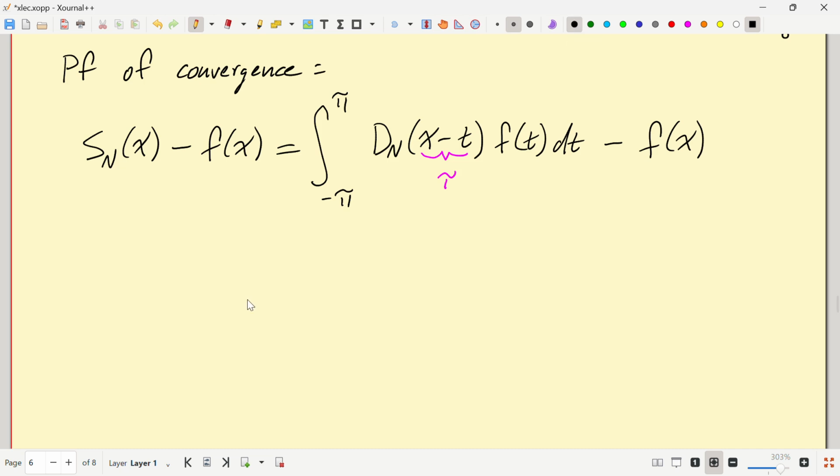And then when I do that change of variables, this would become an integral from x minus pi to x plus pi, an interval of length 2 pi, of Dn of tau. t is equal to x minus tau, and dt becomes a d tau.